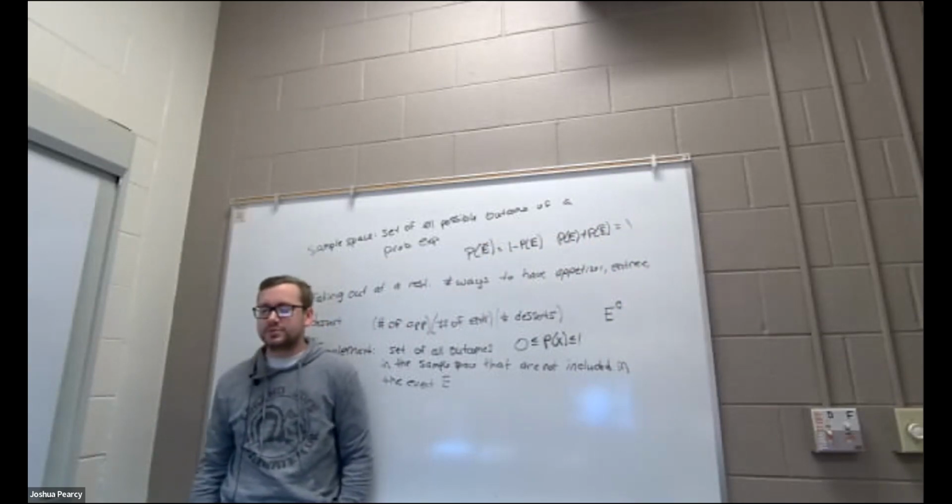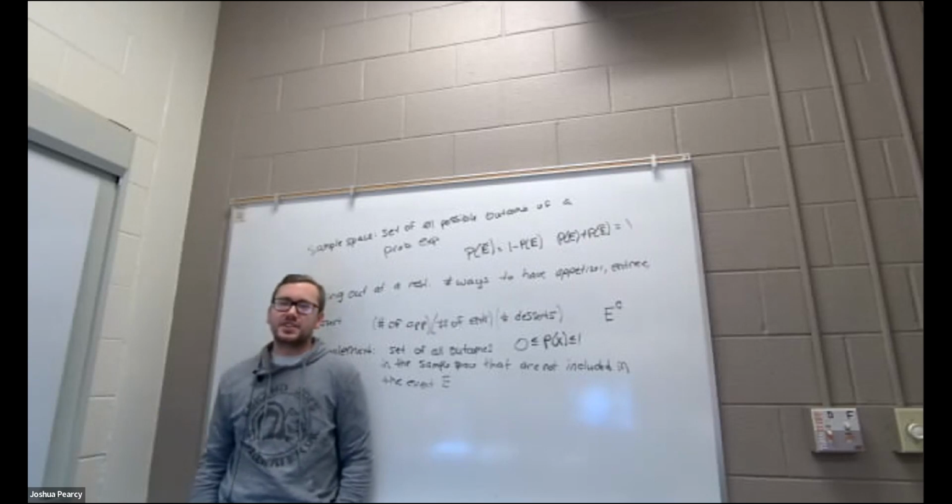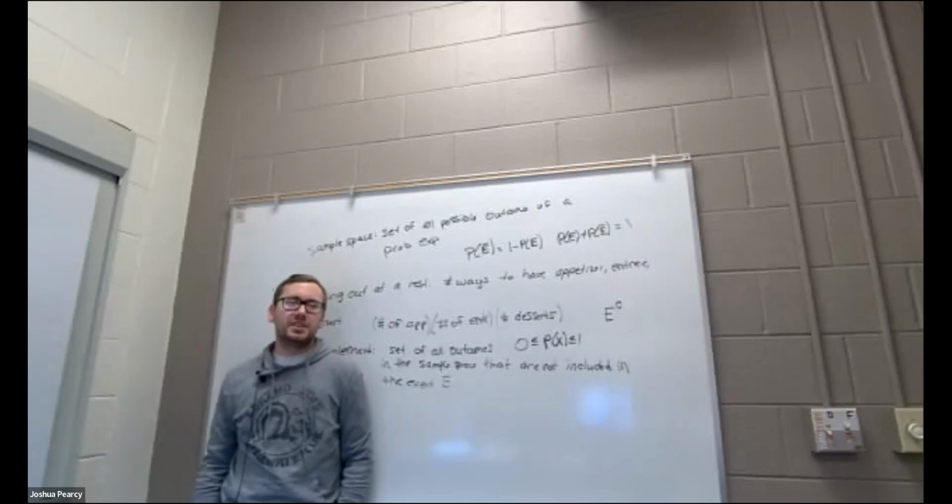So there was a question that I posed in class that will probably get most of you. What is the complement of at least 1? I remember one person was kind of confused, or a couple. So at least 1, the complement is 0.